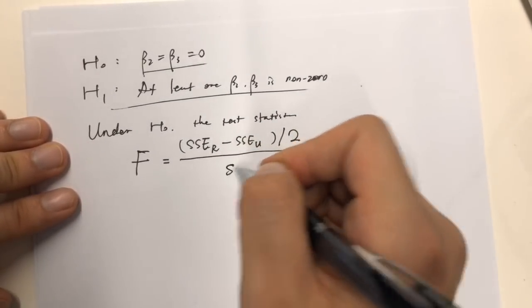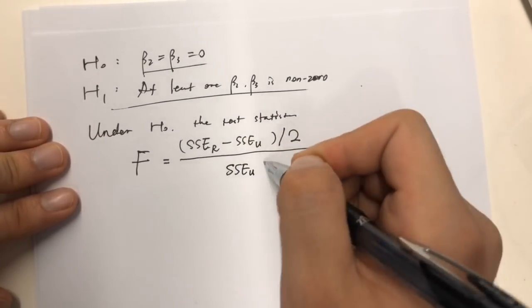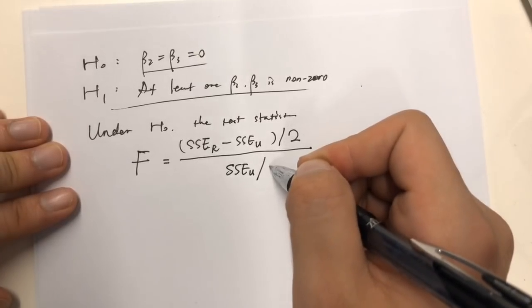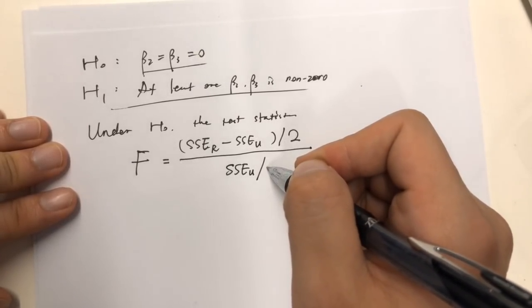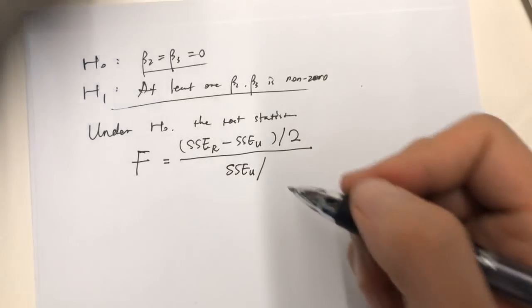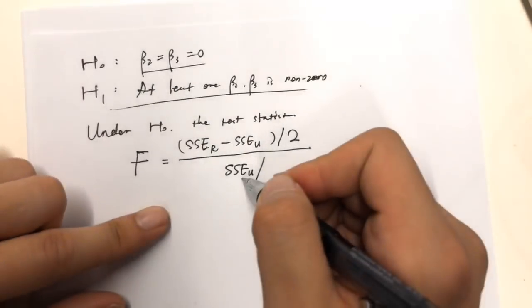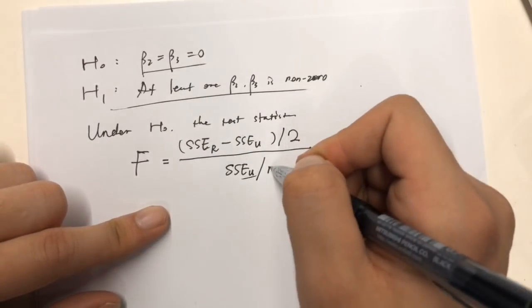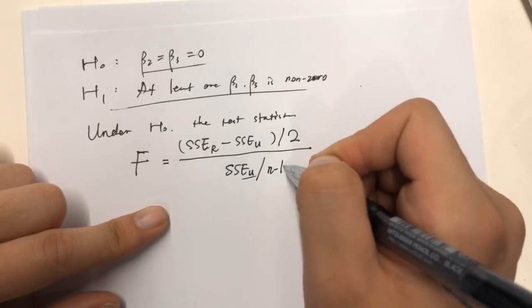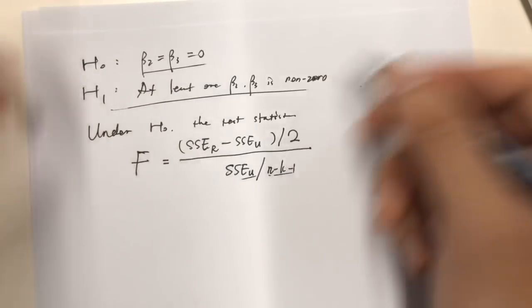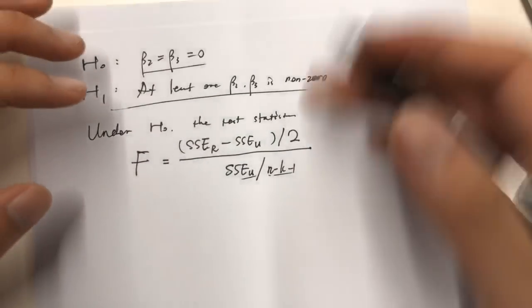And then divided by SSEU over n minus k minus 1. In our first model, k equals 4, because this is for the unrestricted model. So it should be n minus k minus 1.